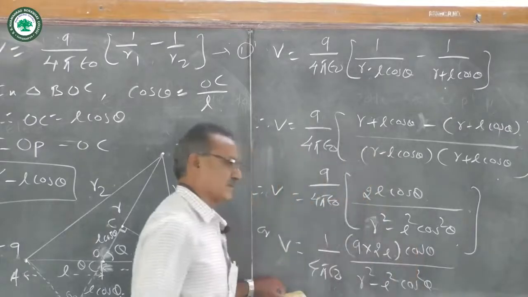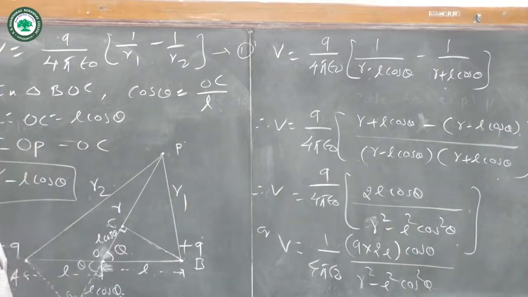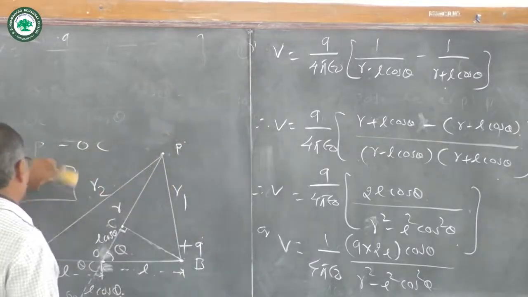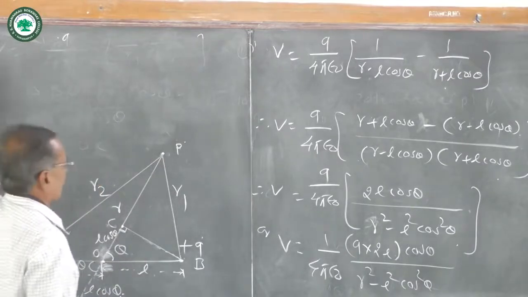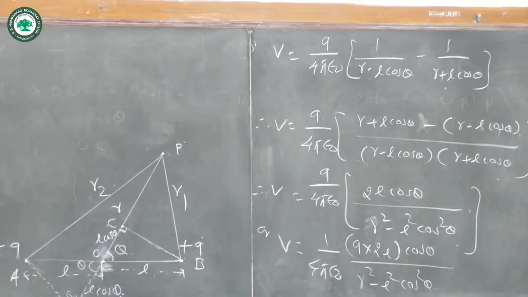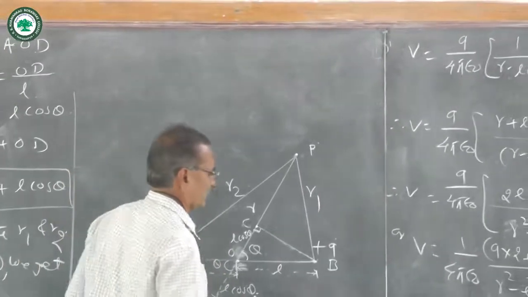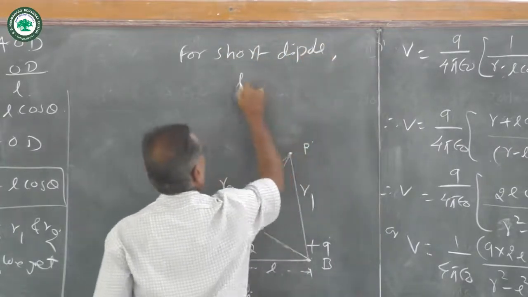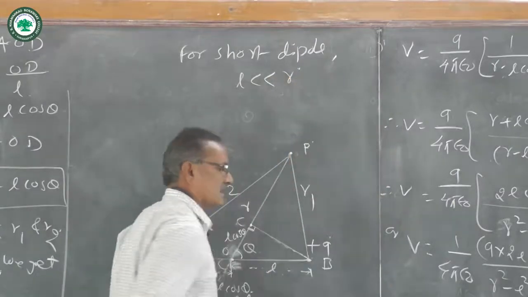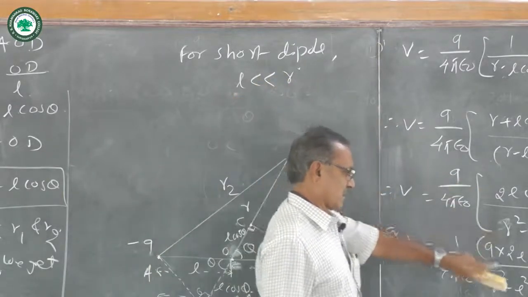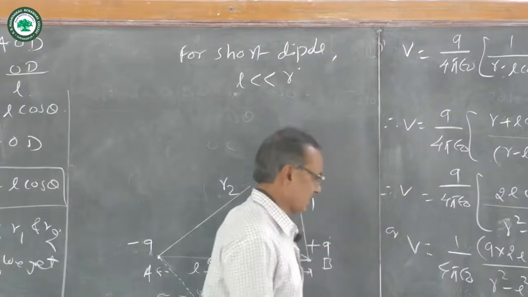Now this bracket term denotes the dipole moment P. Now the distance of each pole from the center is very less as compared to the distance of point P. So for a short dipole, length L is very less than R. So the term L square cos square theta will get cancelled or is neglected.